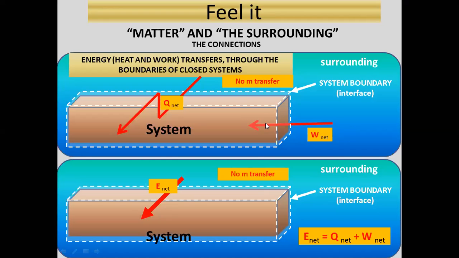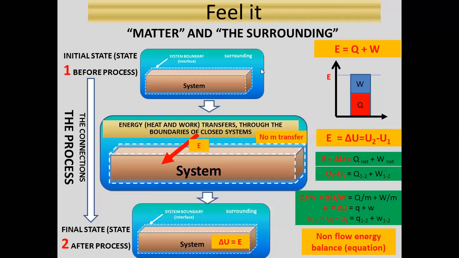Can you sense the word closed? Closed means like closing the door. When you close the door, you cannot go in. Okay, good. So this is a closed system. Only energy goes through, because of this energy interaction. E means heat and work together.